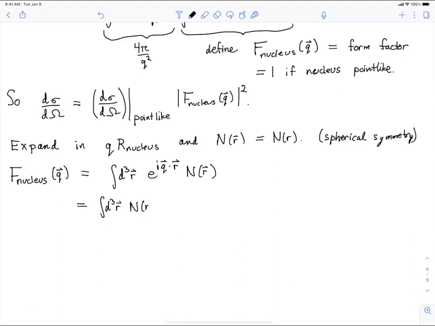So here I'm going to write my n of r, and then I'm going to write 1 plus i q dot r plus i q dot r squared, which I'm going to write like this, i squared, q squared, r squared. And then because it's a dot product, I take the dot product of the two directions. Okay, and that's equal to the cosine of the angle between those two vectors. Okay, and then this continues on, but I'm neglecting all those higher order terms.